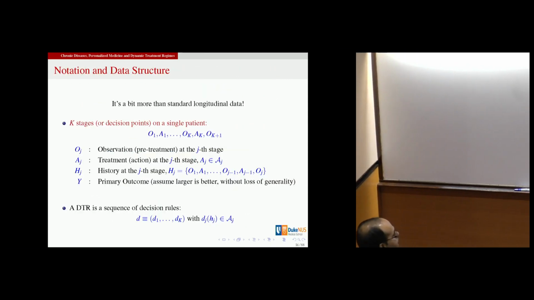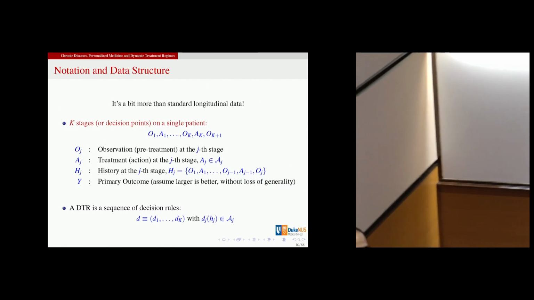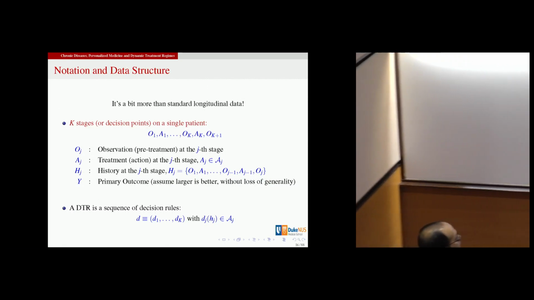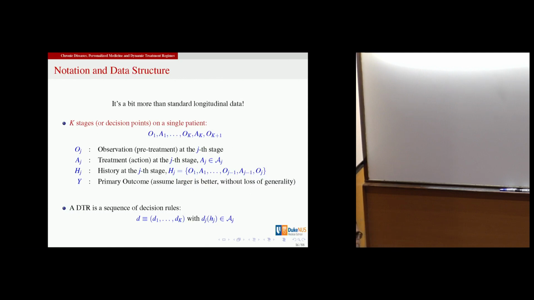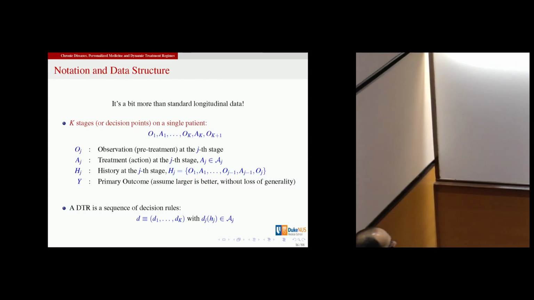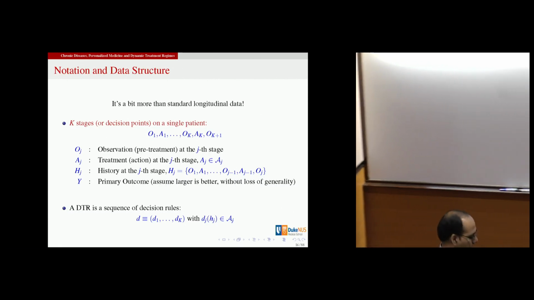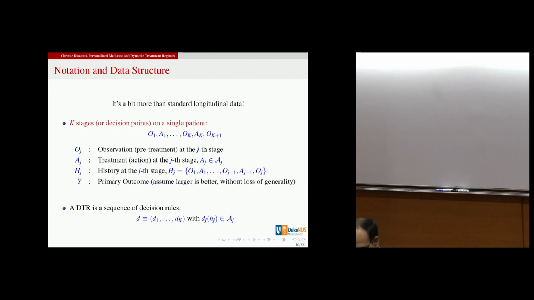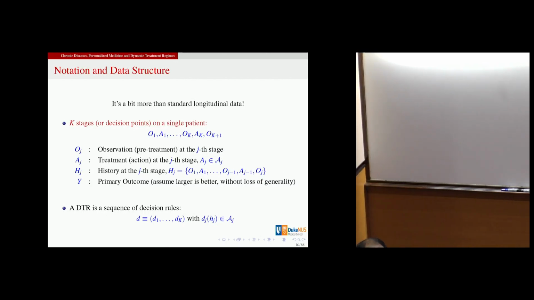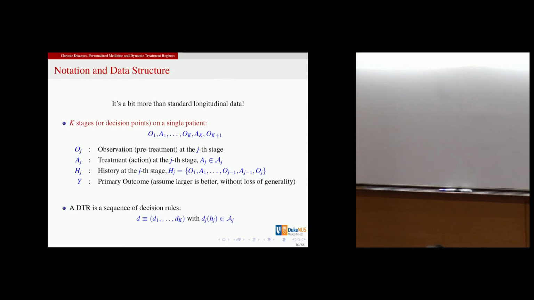Okay. I think now it's time, after the intro, to give you a bit more notation so that you know exactly what is being meant here. It's slightly more than standard longitudinal data. What do I mean by that? In the standard longitudinal data analysis that we traditionally are trained in statistics, we observe the outcome many times, but not the treatment.